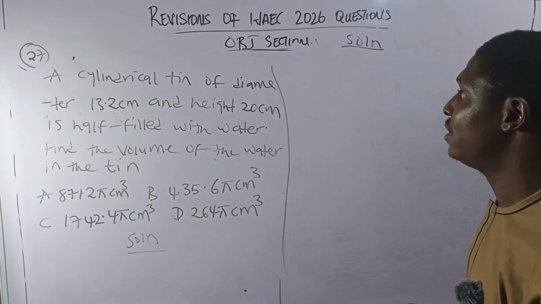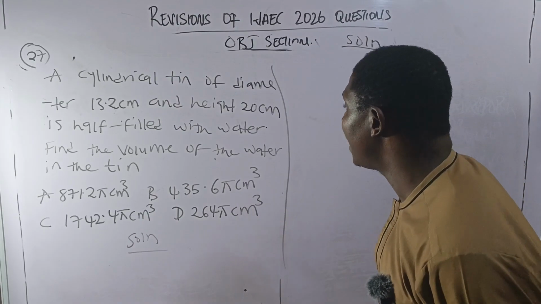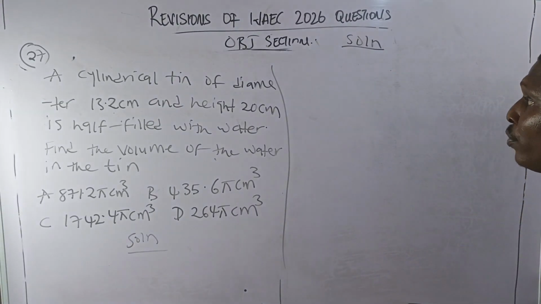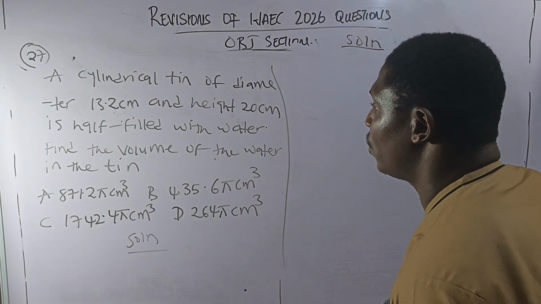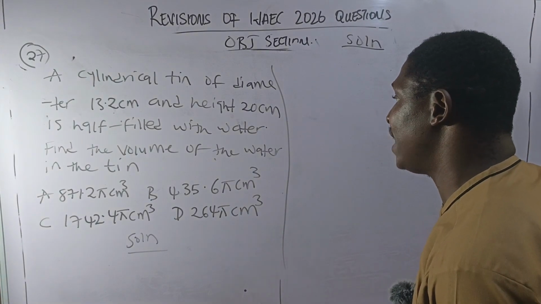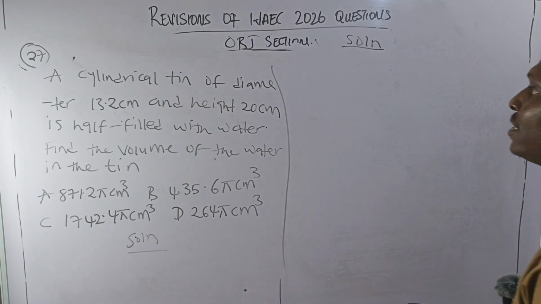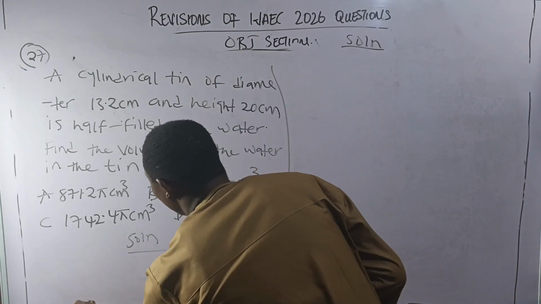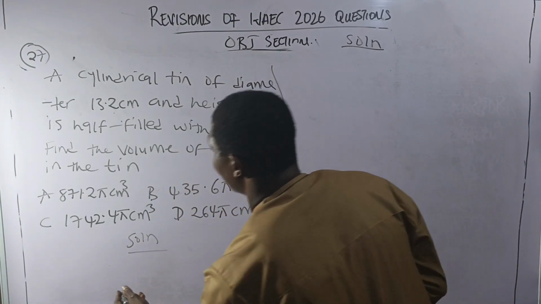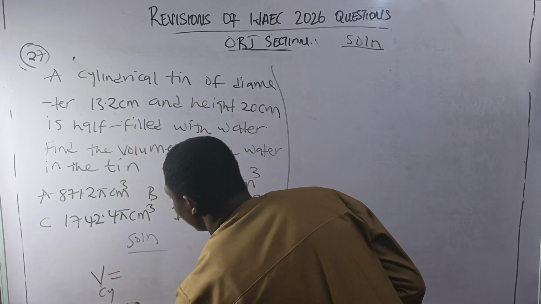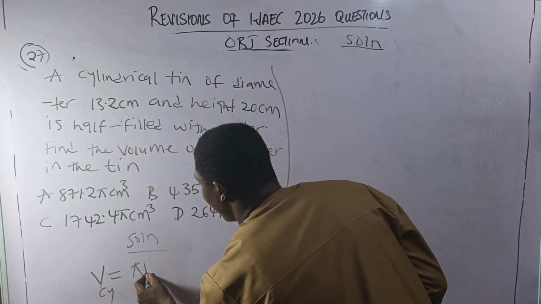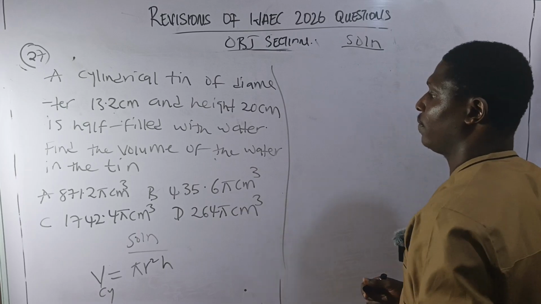Question 27 says a cylindrical tin of diameter 13.2 cm and height 20 cm is half filled with water. Find the volume of the water in the tin. Now, since it's a cylindrical tin, our formula for volume of cylinder will be equal to pi r square h.